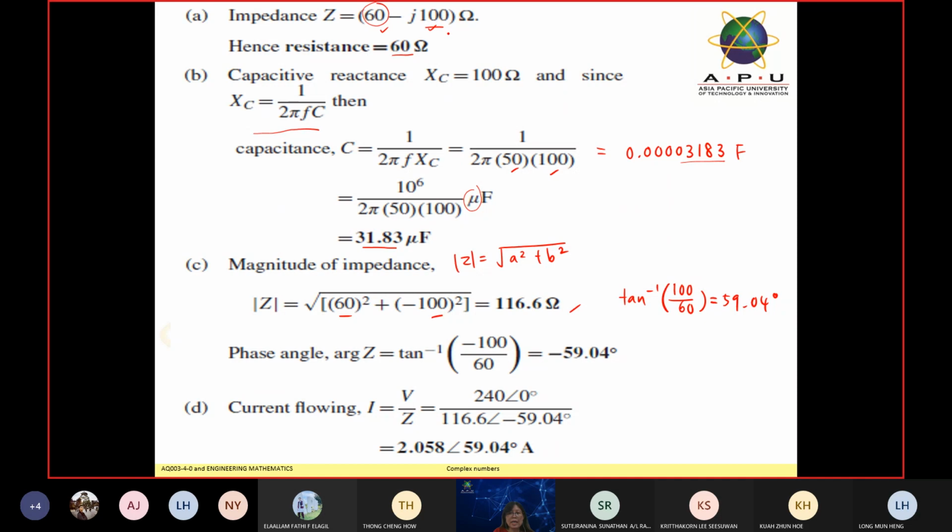Oh, sorry, X positive, Y negative, that means the fourth quadrant. So that means negative 59.04. That's why here it is negative 59.04, fourth quadrant. So this is the answer.